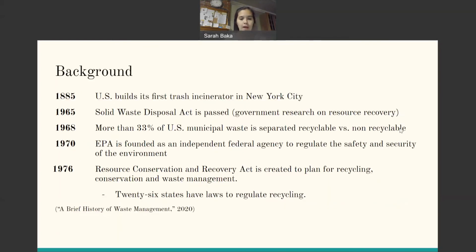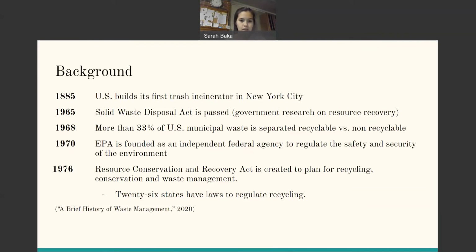So a little bit about the background of trash collection and recycling in the United States. Back in 1885, the US built its first incinerator. That was not a recycling process, but it was their first commercial way of handling large-scale waste. In the 1960s, the Solid Waste Disposal Act was passed, and that was the first conscientious move towards the government getting involved in resource recovery and recycling type processes.